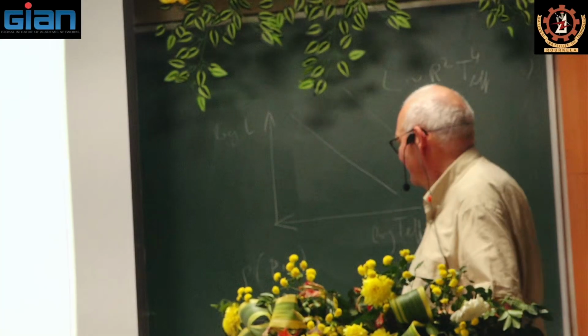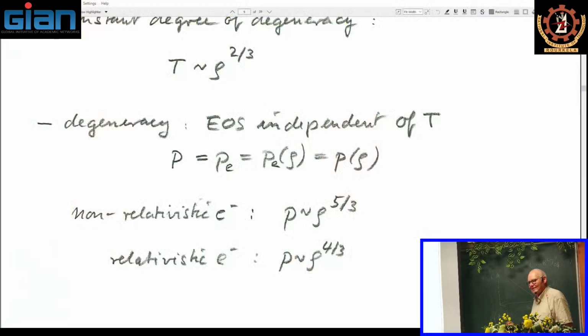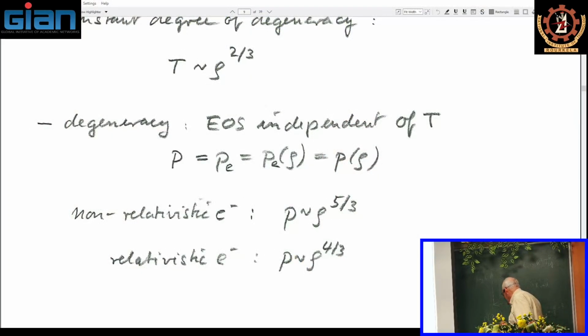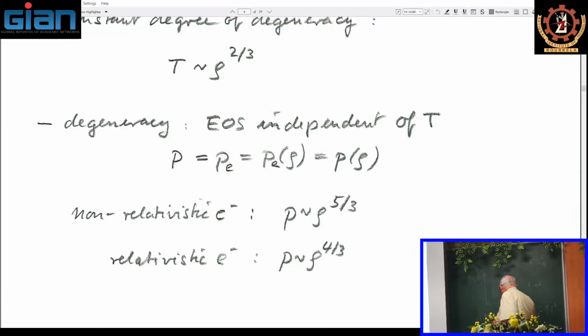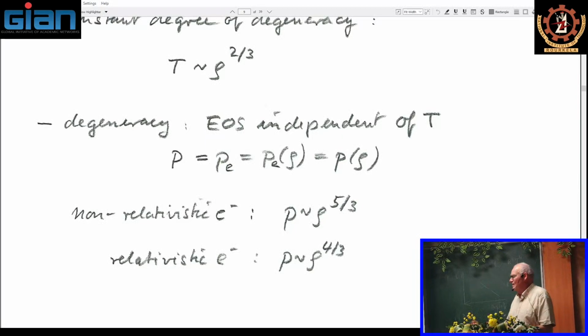It's 0, so delta is 0 for a degenerate gas, and alpha is d log rho by d log P, it's the inverse. So d log rho by d log P is 3/5, or it's 3/4 for the relativistic electrons.